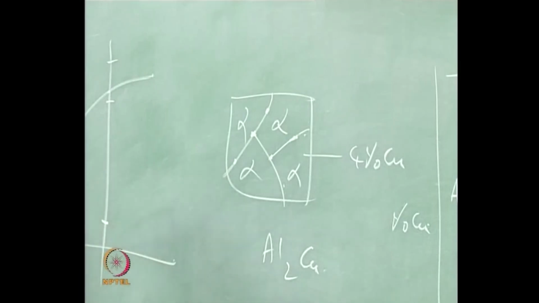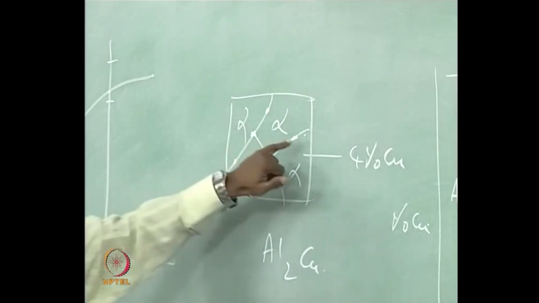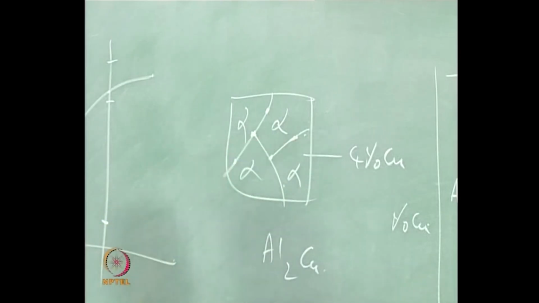So, the system starts searching for ways of second phase formation which do not involve nucleation and growth at the grain boundary. That is when the system starts looking for other ways where the supersaturation can be reduced, because the alpha is supersaturated.